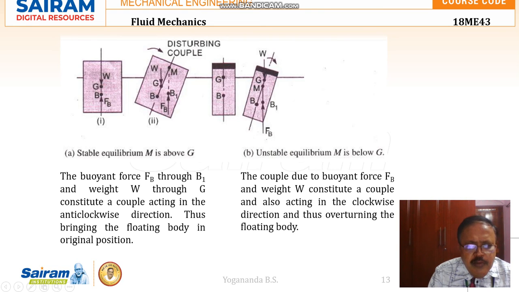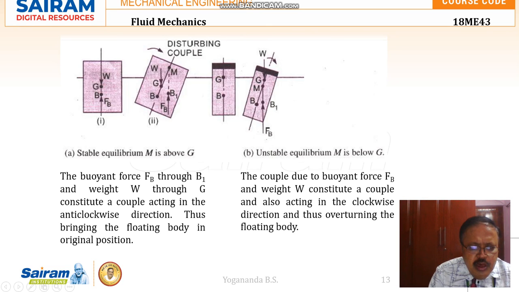Now coming to unstable equilibrium. This is M below G. Earlier M was above G, now M is below G. Here also we are giving a small tilt, angular displacement. Now B is shifted to its new position B dash. Now this W and this FB are two equal and opposite forces with some distance between them. They are not on the same line.